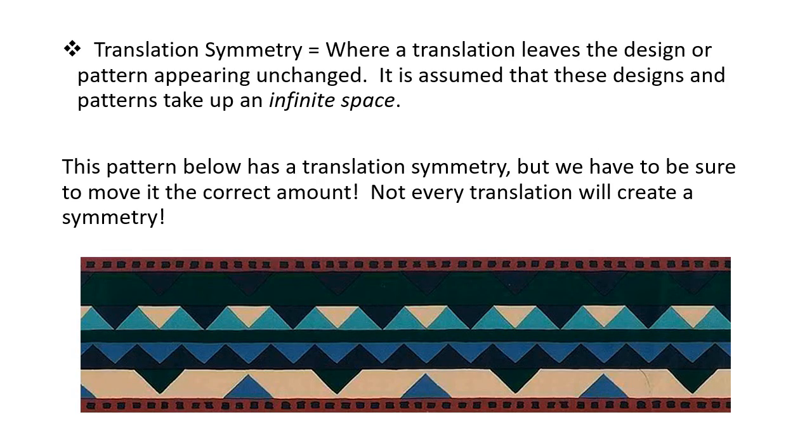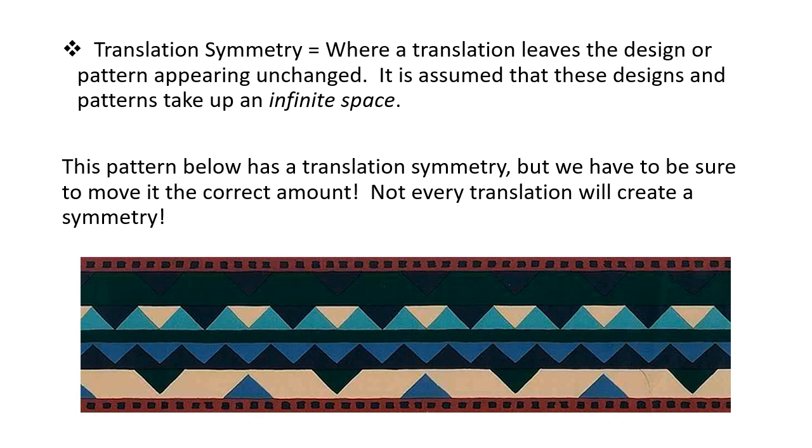So let's look at the first example, that being a translation symmetry. A translation symmetry is going to be almost the exact same definition that we saw for reflection and rotational symmetry, except we're applying a translation. And so we're going to want to do a translation, and we want the design to appear unchanged.